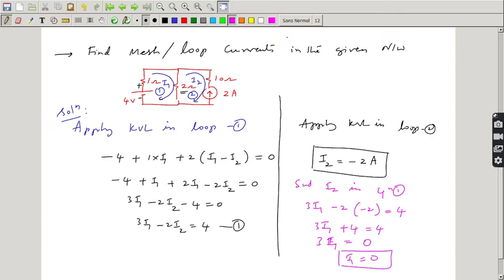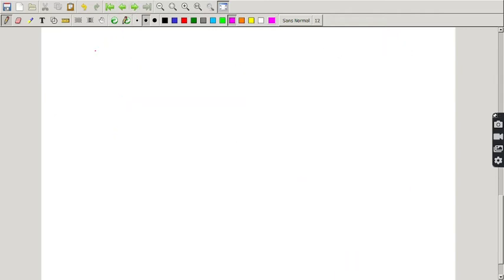If there is a voltage source instead of the 2 amps current source, then you can develop the KVL equation. Okay, keep in mind, one more point I would like to add here: the concept of the super mesh technique.